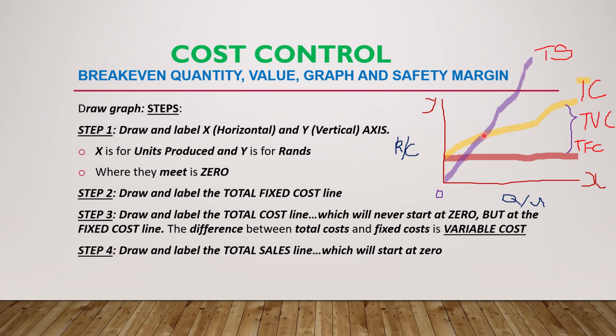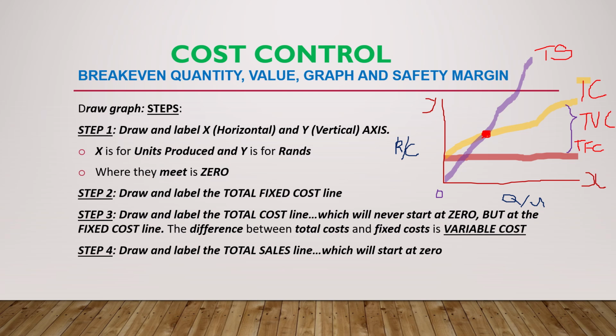So right here where they meet or cross is your equilibrium point, meaning at this point we are not making any profit, we are not incurring any loss.